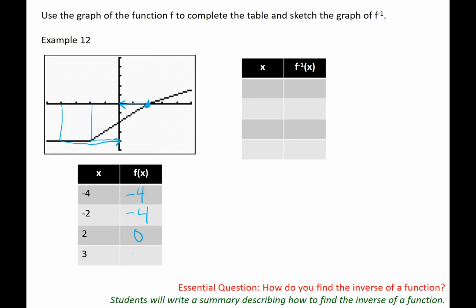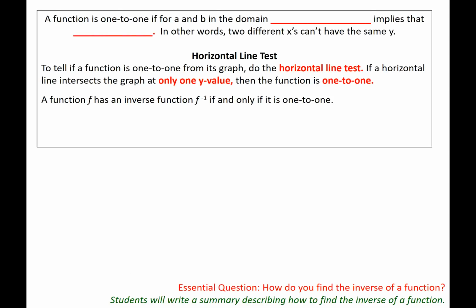And then I'm going to go out to 3. It looks like that y value is almost 1. The other thing I would probably do is grab the y value at 0 here. I know it's not on my chart, but I'm going to add it in. And the y value at 0 is -2. All right, so I'm going to go ahead and flip those.